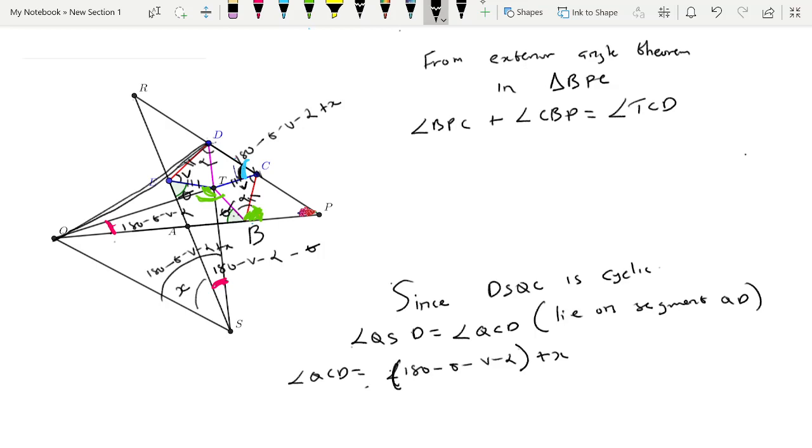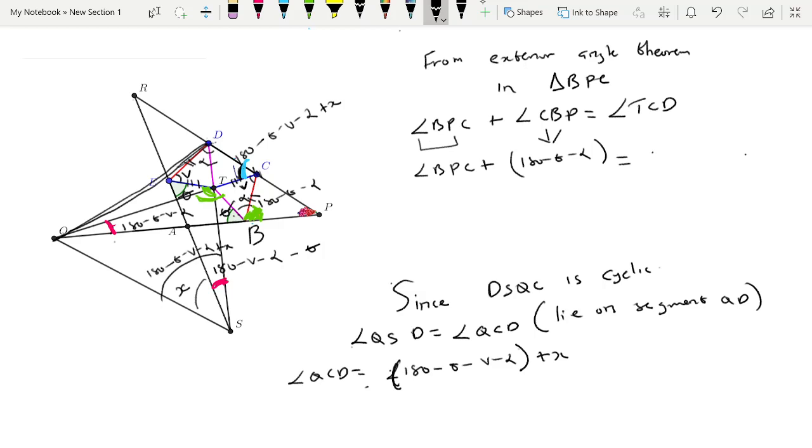Then we don't know this, but we know this is 180 minus theta minus alpha. This is coming from the sum of angles on a straight line. Then we know angle TCD.